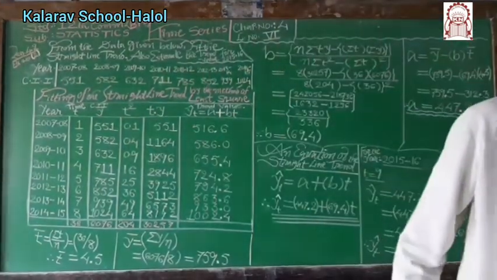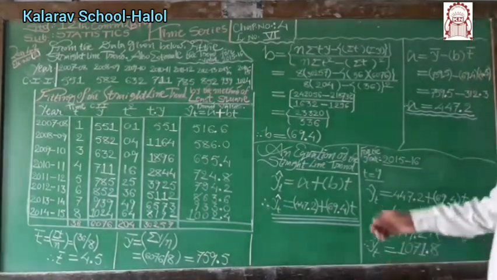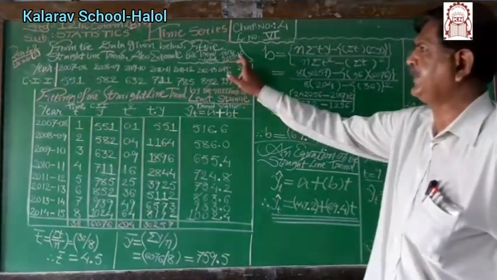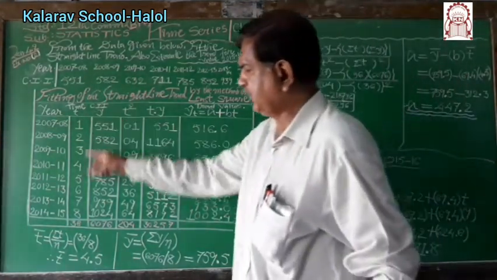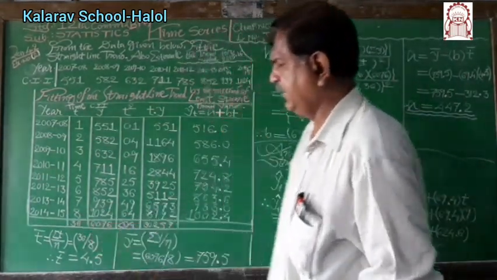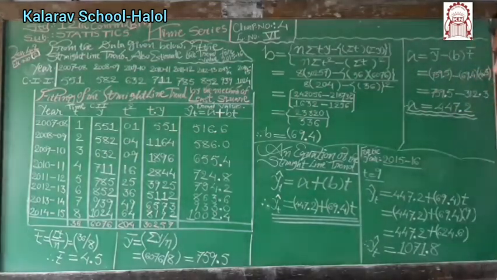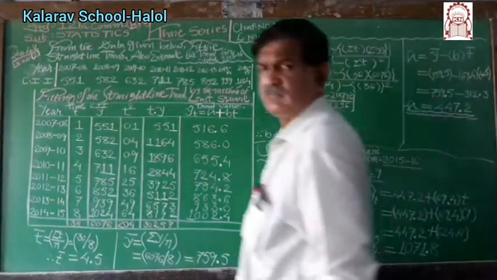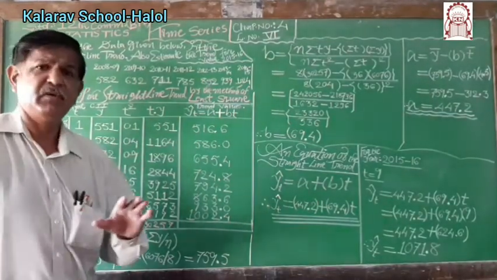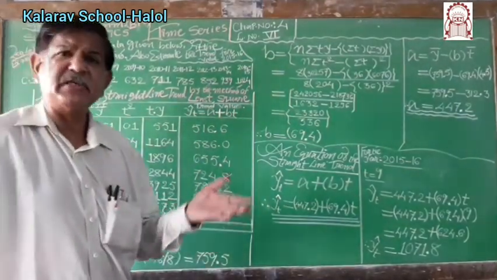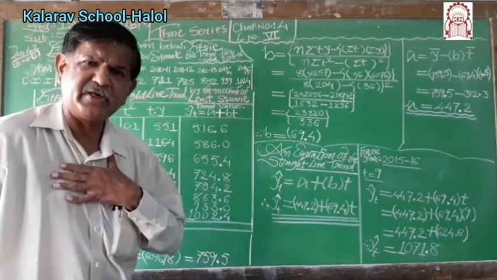Also, we have to estimate the trend value for the year 2015-16. For 2015-16, after 1, 2, 3 up to 8, comes 9, so t equals 9. If it were 2016-17, then we would take t equal to 10.